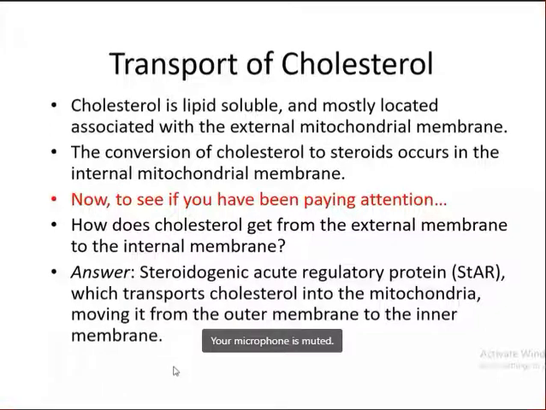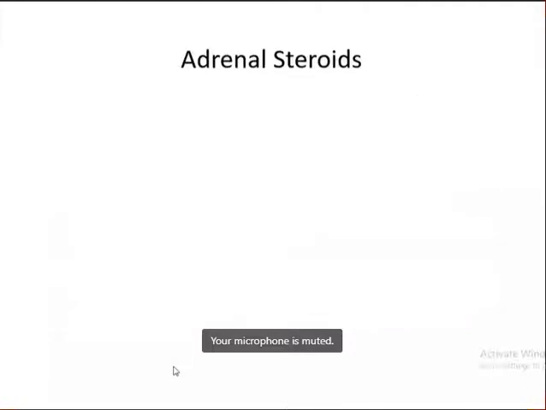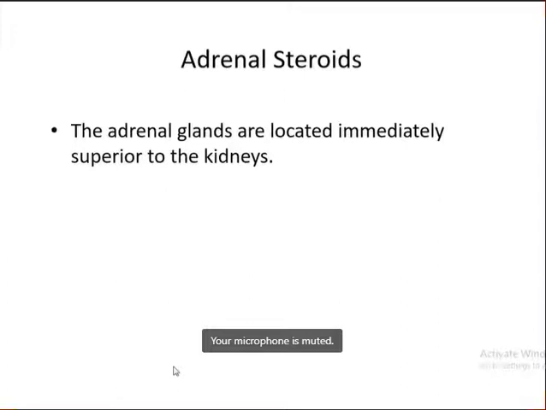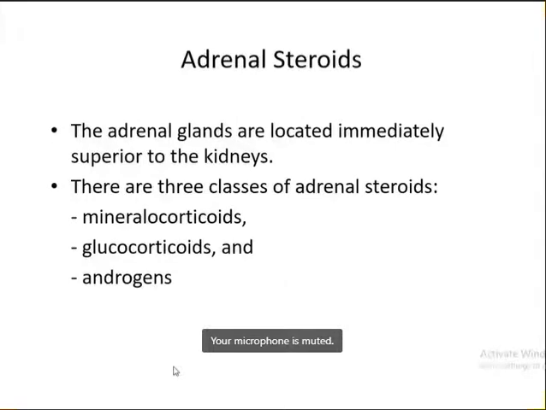The adrenal glands are located immediately superior to the kidneys. Everybody knows there are three classes of adrenal steroids. We are mainly concerned with the androgens because we are taking the reproductive system. In the adrenal gland there is an adrenal cortex and adrenal medulla.